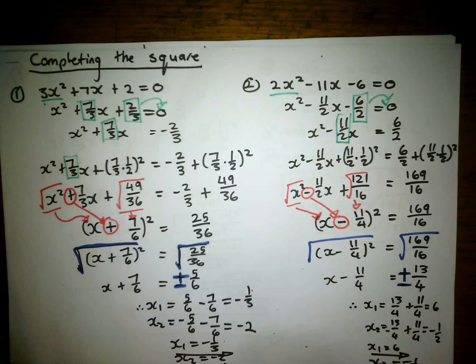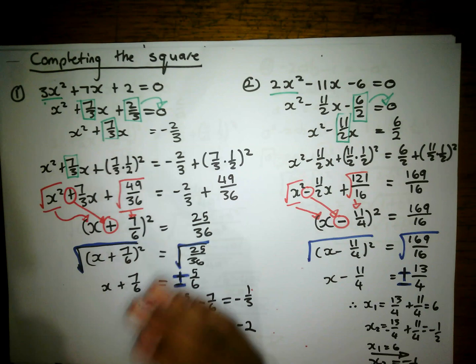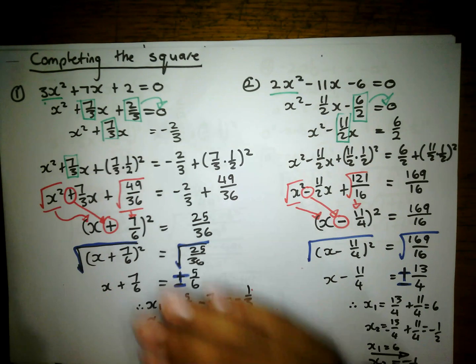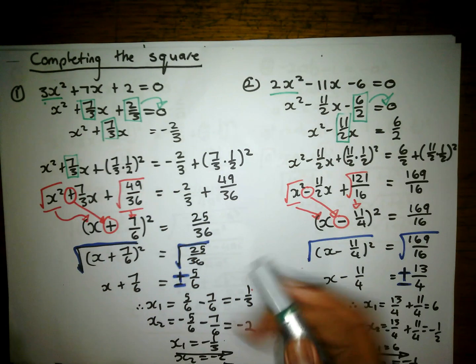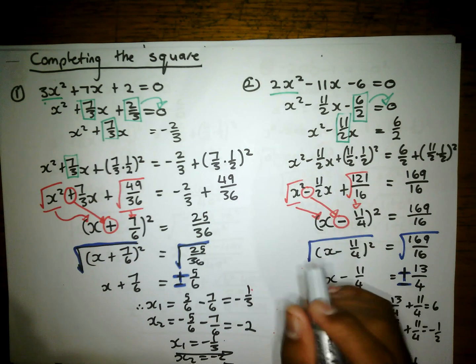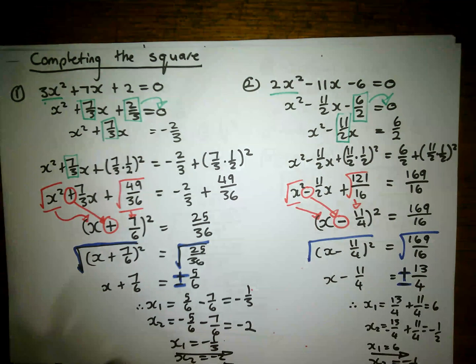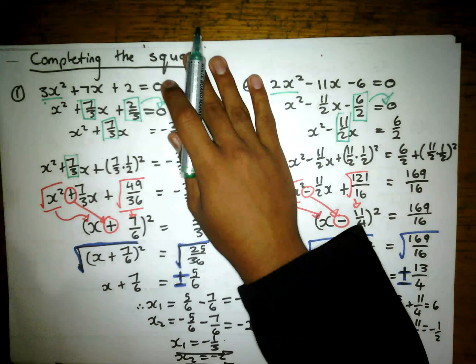Completing the square is basically like using that big quadratic formula, but manual. With the formula, you put it in the calculator: x equals minus b plus or minus the square root of b squared minus 4ac, over 2a.